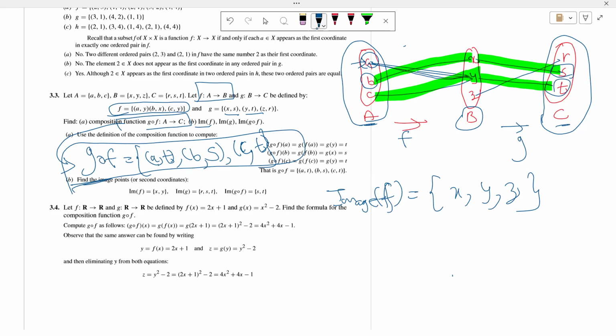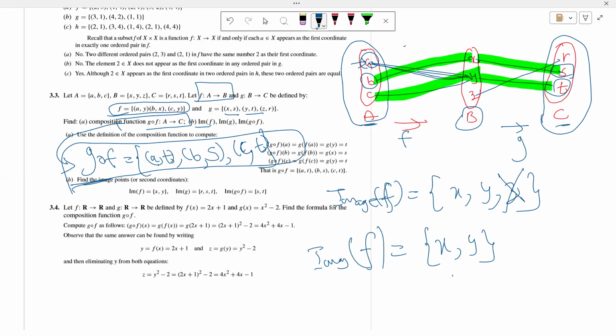The codomain elements are x, y, z, but we call them the image only if they have a relation with the domain A. Here z has no relation with A, so we cannot put this one. So the images of f are x and y.